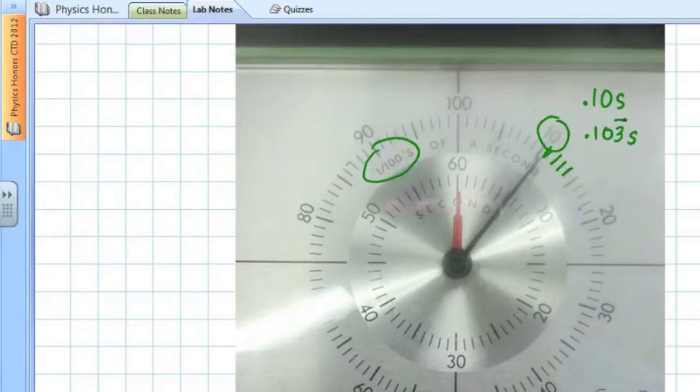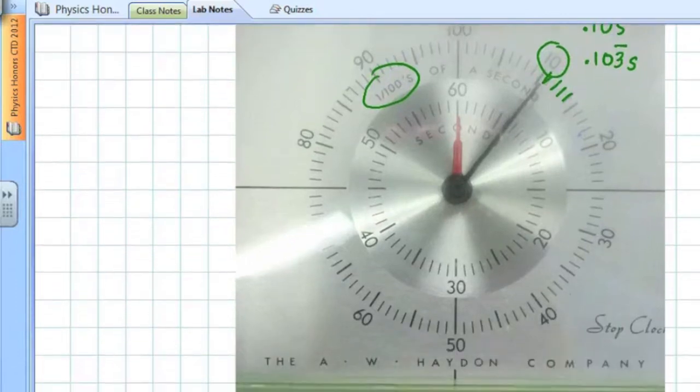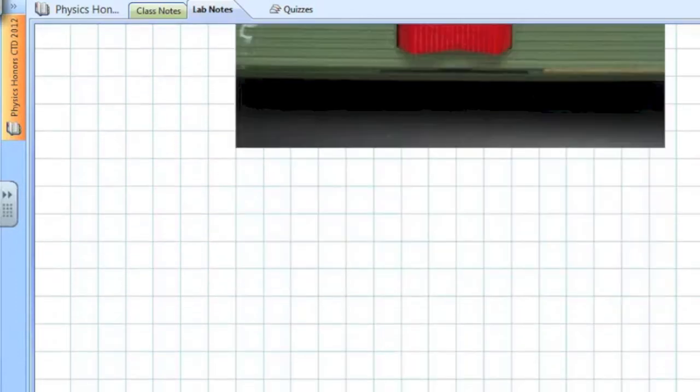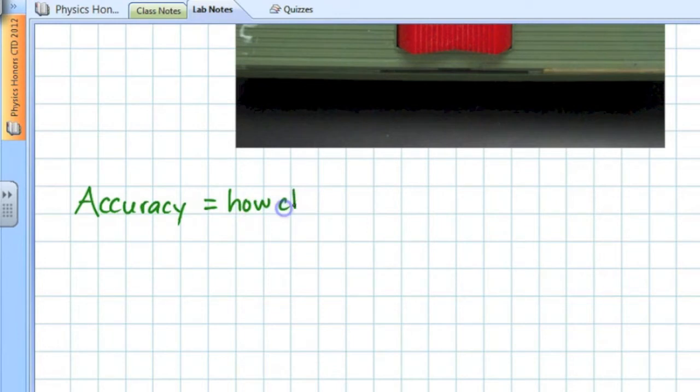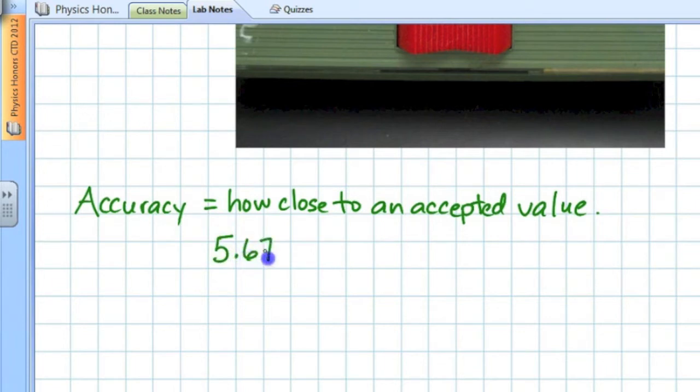So now let's talk a little bit about accuracy and precision. Accuracy could be thought of as how close we are to an accepted value. For example, let's say that you take a quarter, and a quarter has a mass of 5.670 grams. So this is the mass of a quarter. I looked it up on Wikipedia.